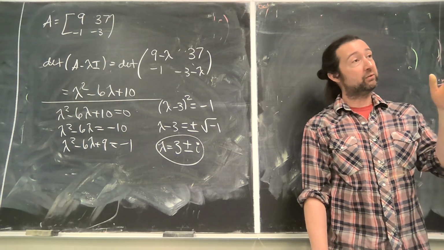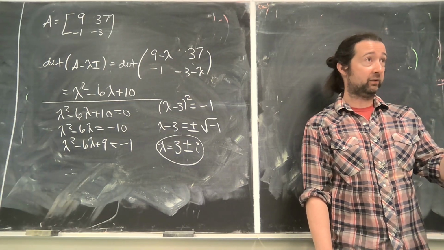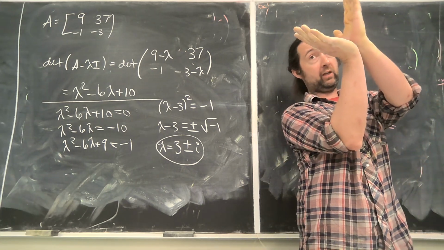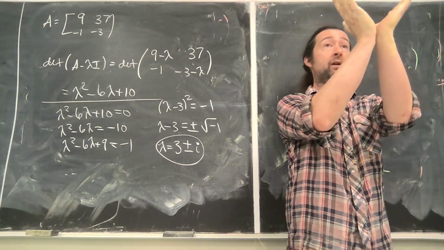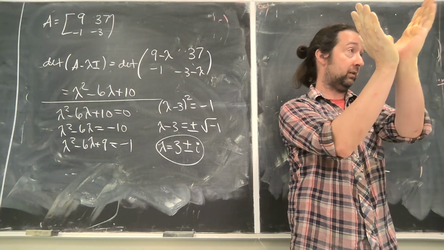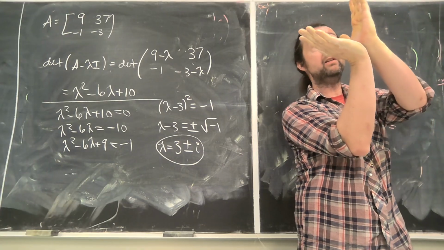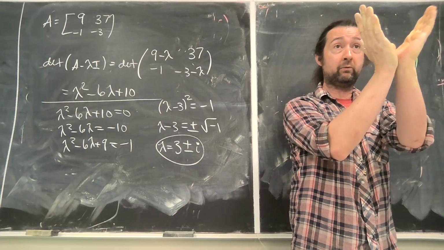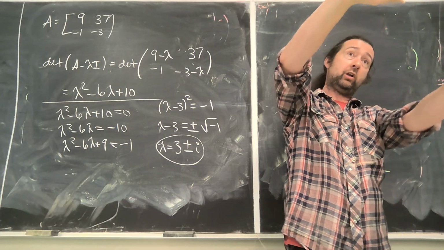These are matrices that rotate the plane instead of fixing directions. If I took every possible vector in the plane and rotated the whole plane by 45 degrees, no vector points in the direction that it started pointing in. If I rotate the plane, nothing can have the direction preserved, right? Not a single vector can be pointing in the same direction because you've taken the whole plane and turned it.